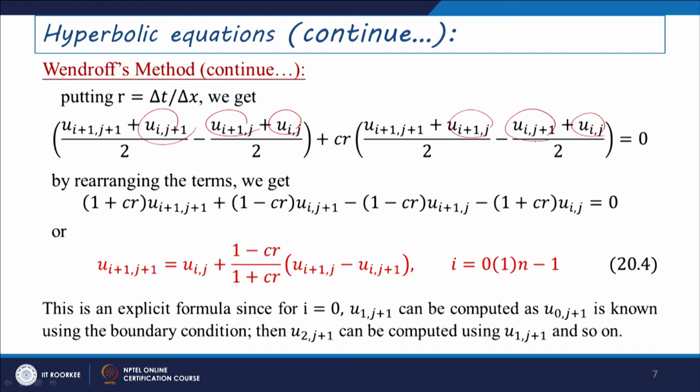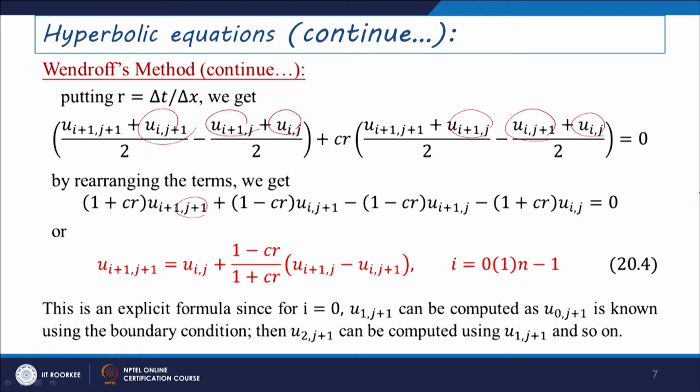So, combining, if we arrange all the j plus 1 terms at the beginning and the j terms at the end of this equation, we can write this as 1 plus c r. Since u i plus 1, j plus 1 has a half present there, and a half is also present on the other side, we can cancel it out from the denominator part.